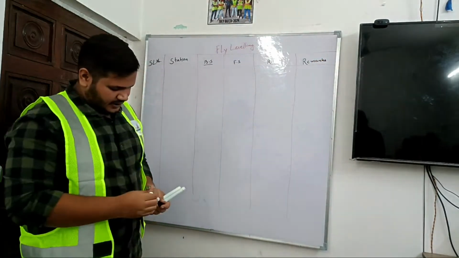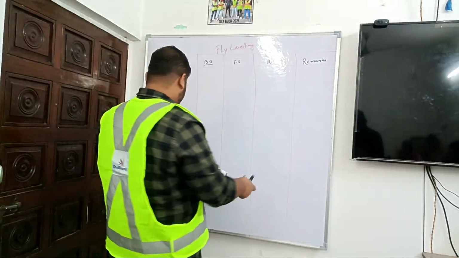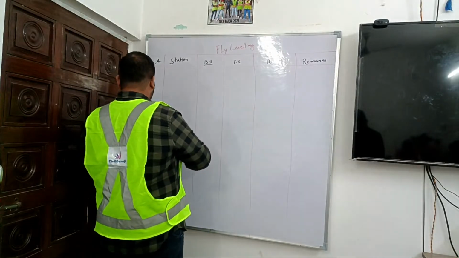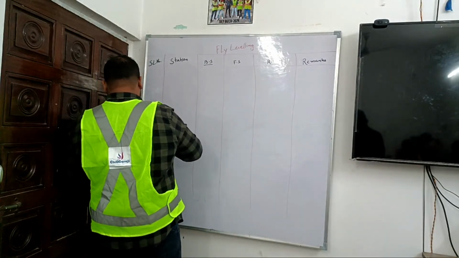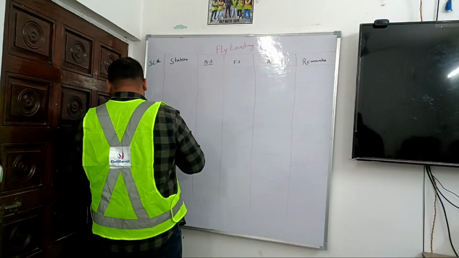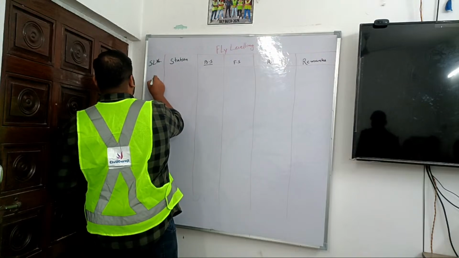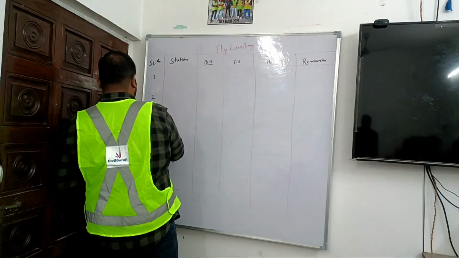Now, taking an example from the survey which we have done, first write down the stations here. Supposing we are taking 6 stations, or the readings were taken for 6 stations.